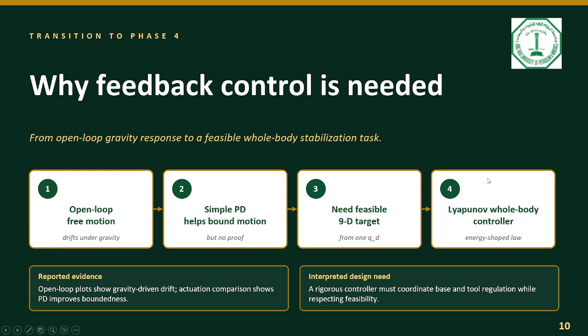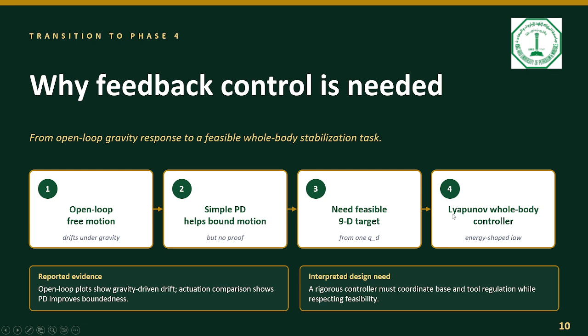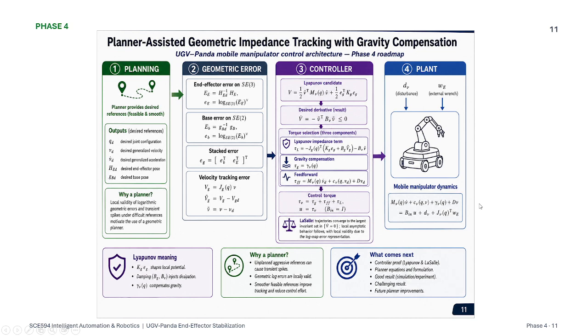So the goal here, after analyzing the open-loop system dynamics, is to stabilize it. This is the architecture that we imagined for the system, which summarizes everything that will come. Here, this is a mobile manipulator and the controller.